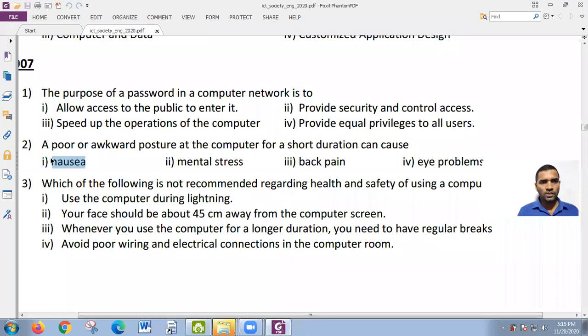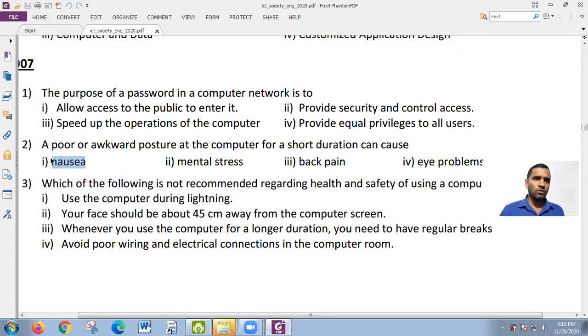Even you may have that experience while you are using a computer in a wrong position. Maybe your monitor is very close, or your eye level is not appropriate. Sometimes you may feel that you want to vomit. That particular feeling can happen in a short duration, because for vomiting you don't need to be there for a longer period.